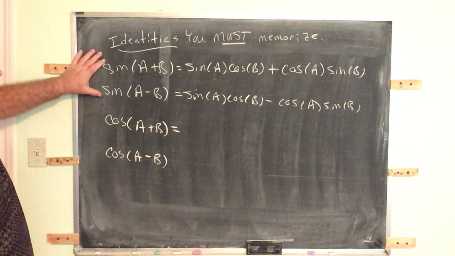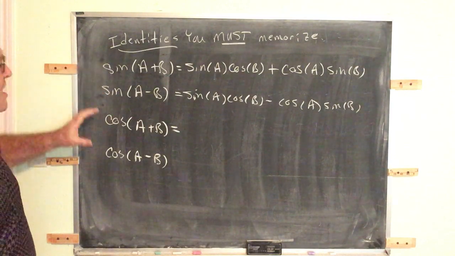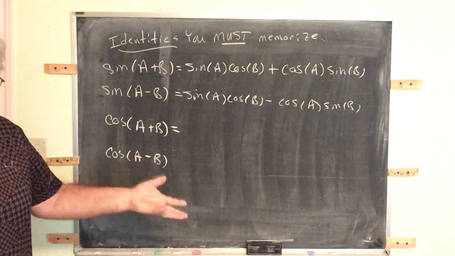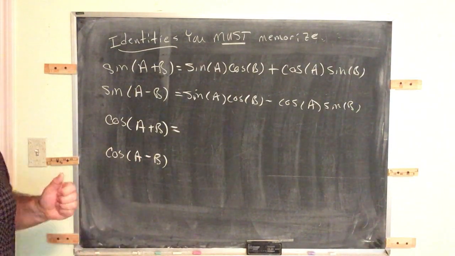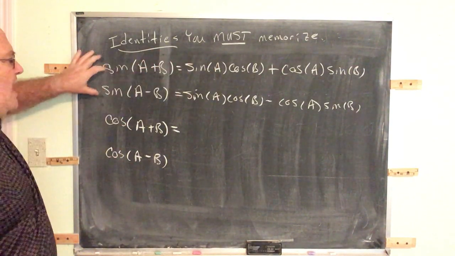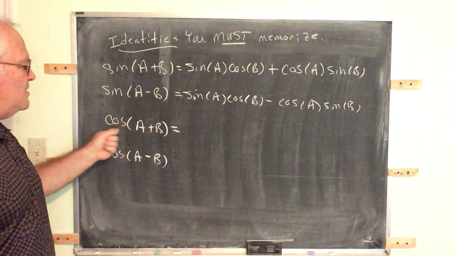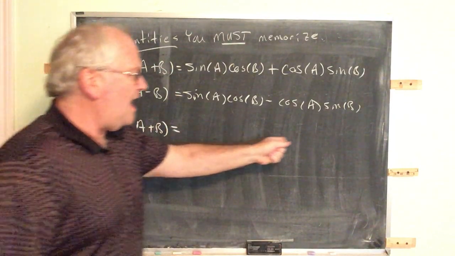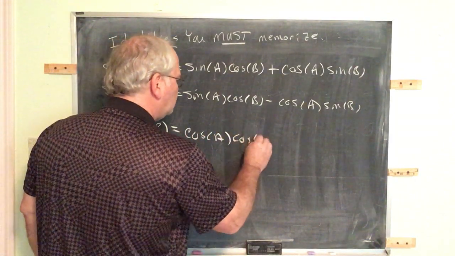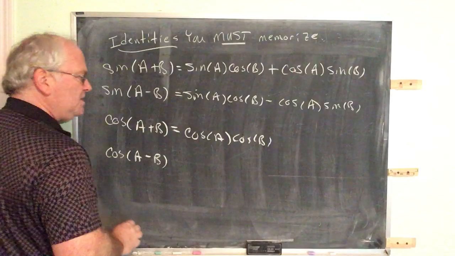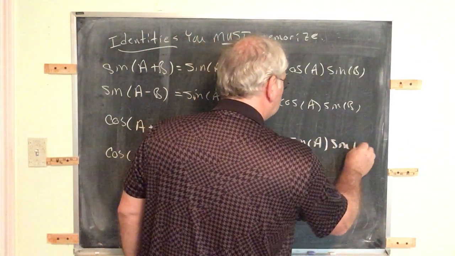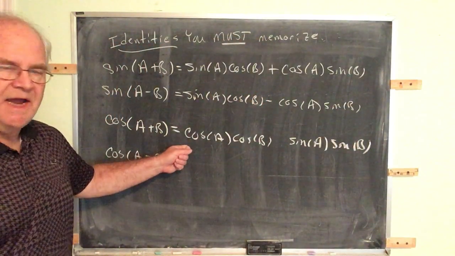Sine is sine, cosine, cosine, sine. Cosine, however, and this is just my memory device, is cosine, cosine, sine, sine. Notice they stay in the same order: cosine, cosine, sine, sine.